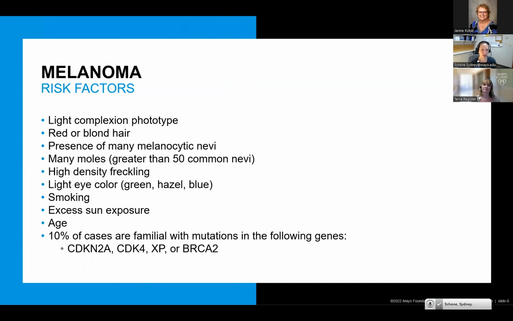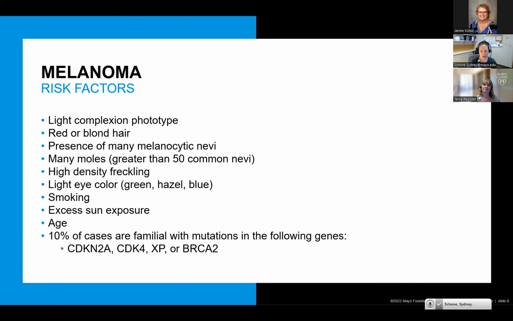Other risk factors include having a light complexion or phototype, red or blonde hair, or having the presence of many melanocytic nevi or moles, more than 50. Other risk factors include heavy freckling, light eye color, including green, hazel, or blue eyes, smoking, and excessive sun exposure.